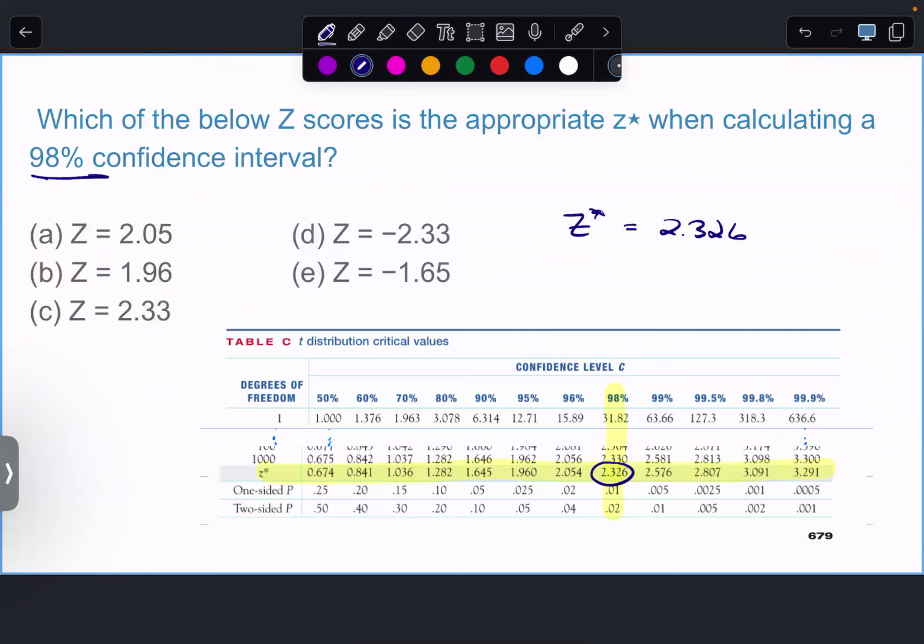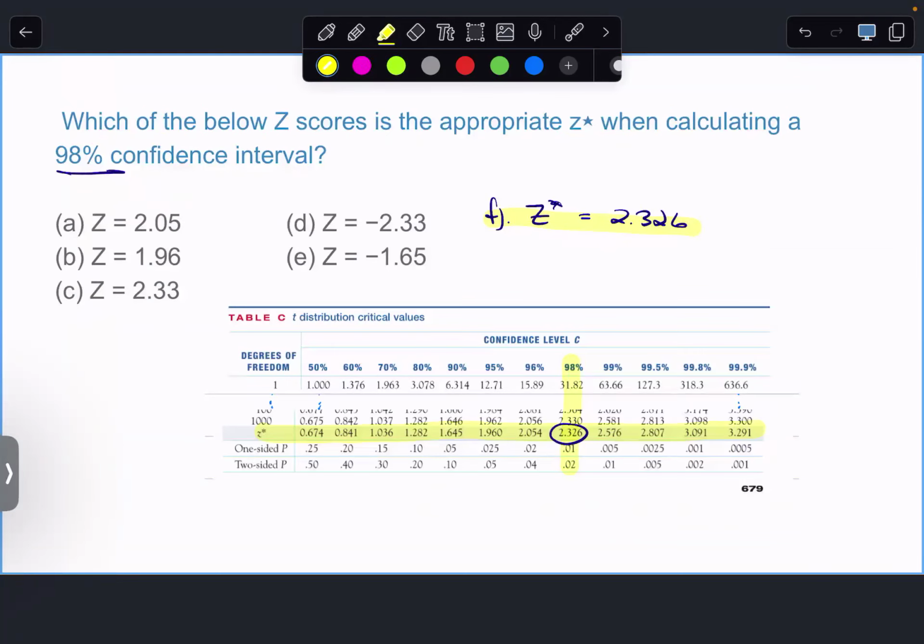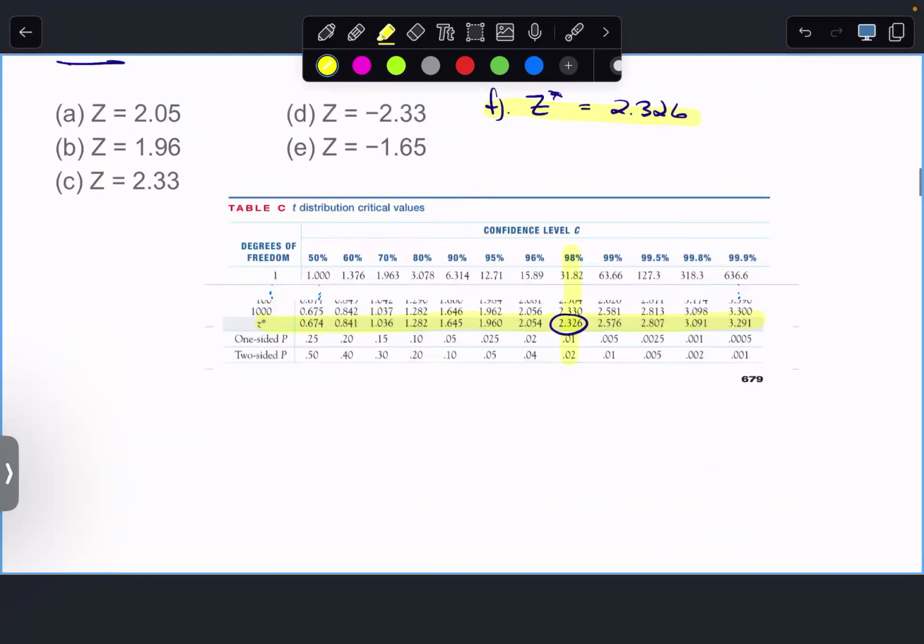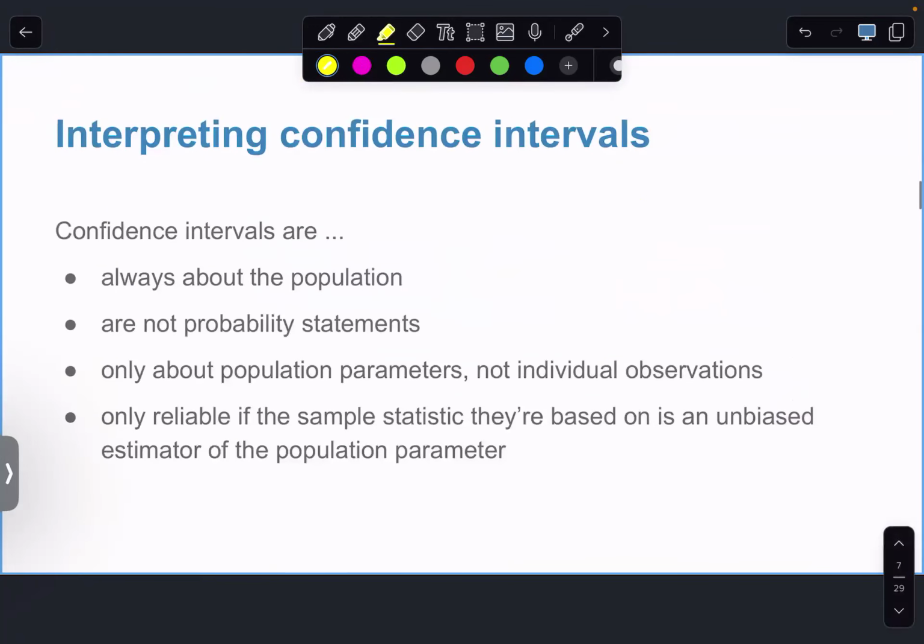So option F, to 3 decimal places. There's a different table that only has 2 decimal places. I just didn't catch it. But we get 3. Okay.